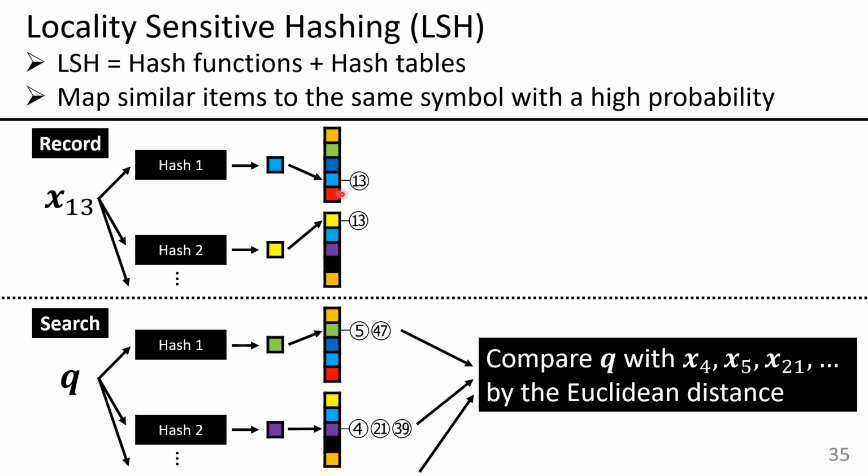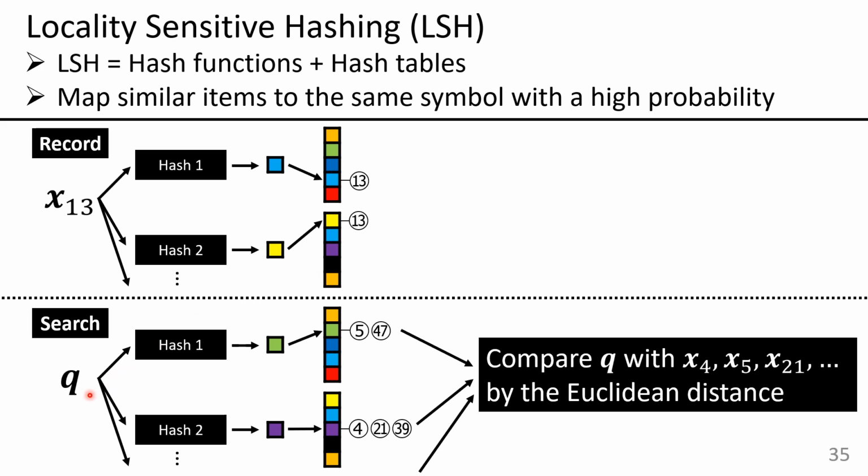This is a hash table with this symbol as the entry, and we put the ID, 13, inside. In the same manner, we compute another hash function, take the symbol and add the ID here. We repeat this type of operation, then all IDs are inserted into these hash tables.